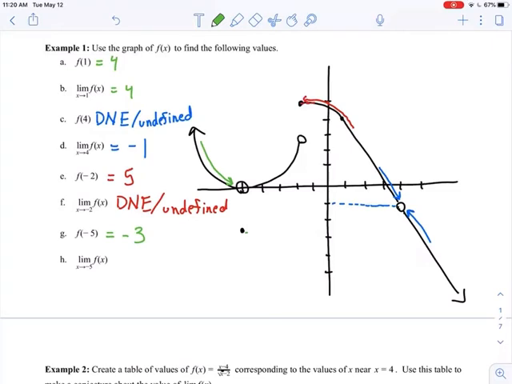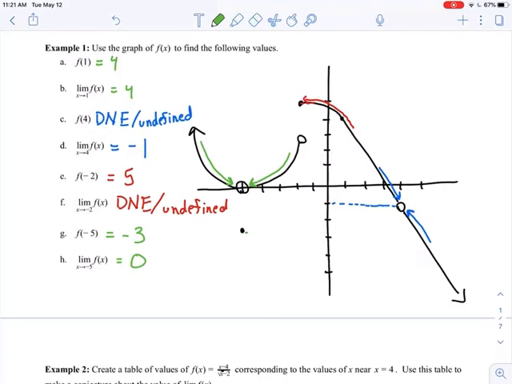Well, the y value at that hole, at this point right here that I've now shaded in, is 0. Do I approach the same thing from the right-hand side? Well, it looks like I do. If I approach -5 from the right-hand side, I am also approaching that same point, that hole in my graph. So in this case, the limit as x approaches -5 of f of x is equal to 0, because that's the y value we're approaching from both the left and the right-hand side.